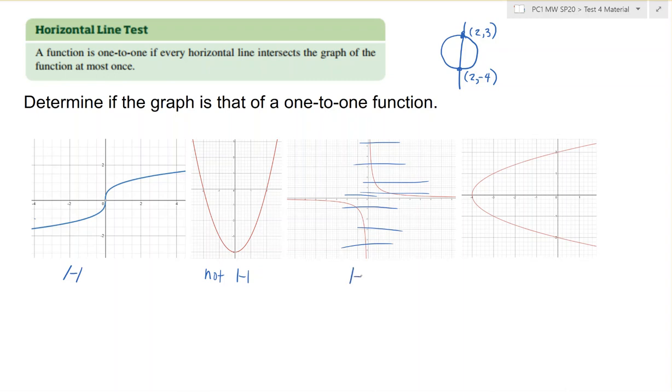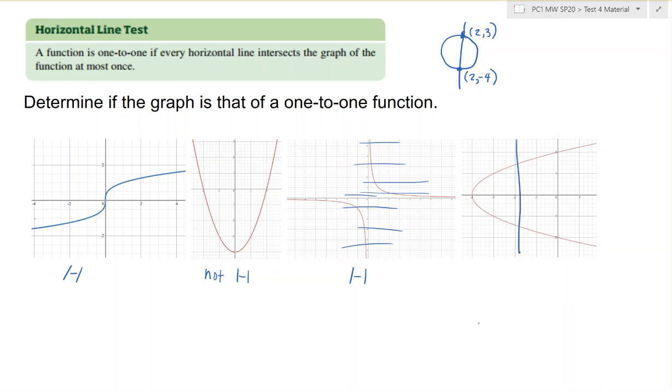So this is one-to-one. And this one, although it passes the horizontal line test, is not one-to-one because it doesn't pass the vertical line test. Remember that one-to-one functions have to be functions first of all.